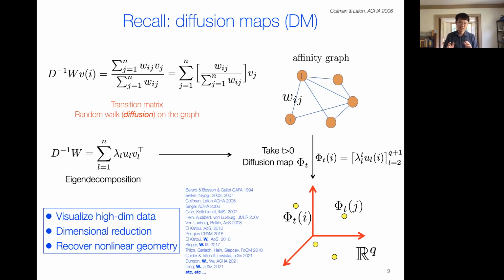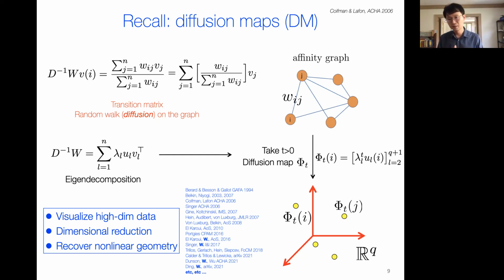And this is the overall algorithm, which is actually very simple. You can code it in MATLAB using just maybe 5-10 lines. But it turns out it is quite useful.